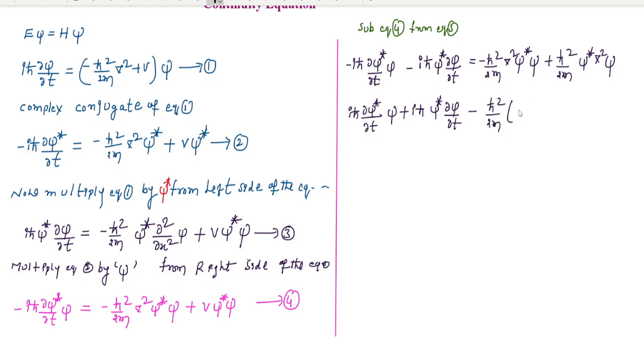I am going to write carefully like this: ψ ∇²ψ* minus ψ* ∇²ψ equal to 0. So this is equation number 5. This is the entire equation number 5, the total equation, I mean.